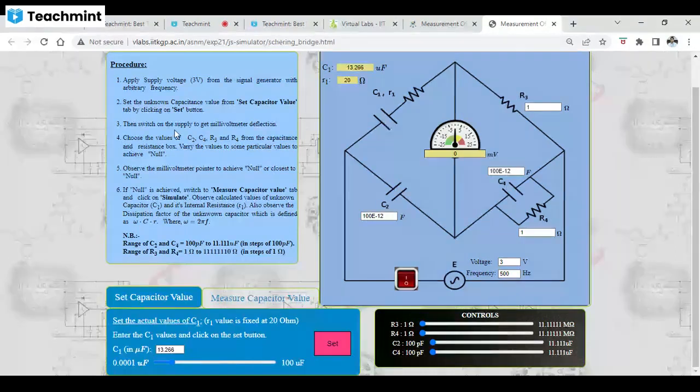Now switch on the supply to get the millivolt deflection. Now switch on the button. You see when we switch on, the voltage is 94 point something. So we change the values of C2, R3, C4 and R4. You see it changes the value.